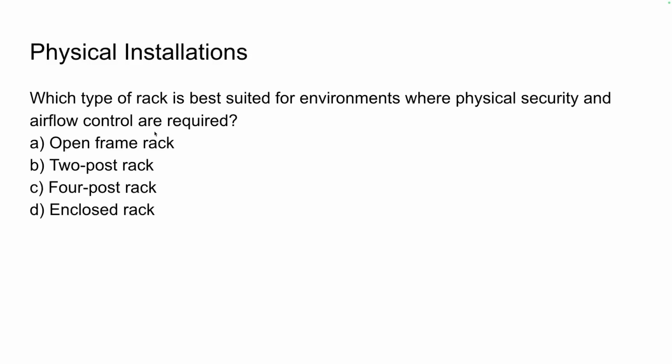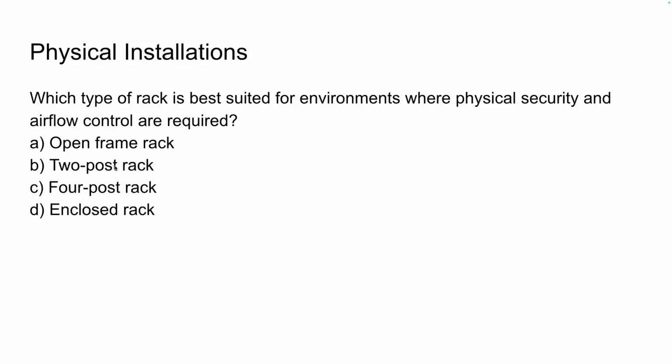What type of rack is best suited for environments where physical security, oh, I accidentally clicked the button, damn it. Where physical security and airflow control are required. So you need physical security and you also need airflow control, and it's obviously the enclosed rack. You either have an open frame rack or an enclosed rack. The 2-post or the 4-post are the types of racks that we have.